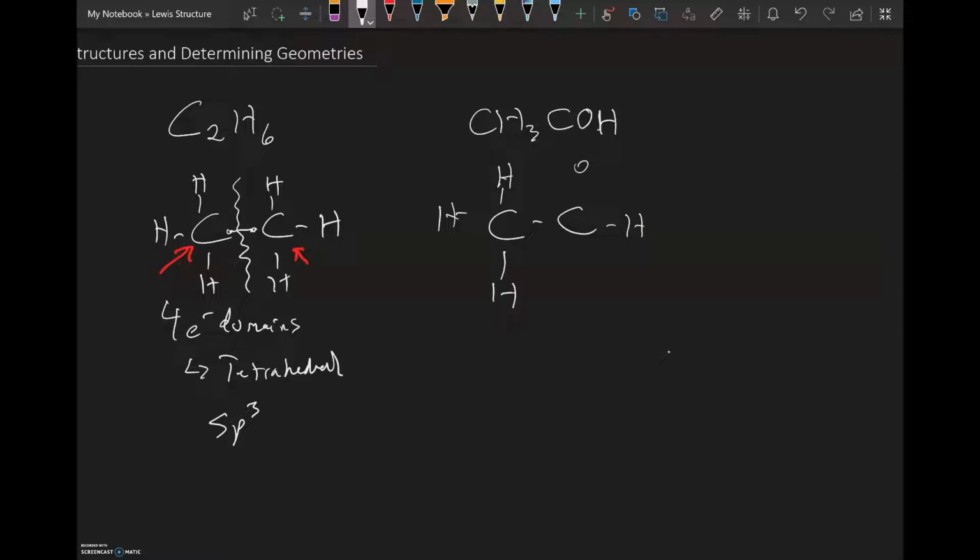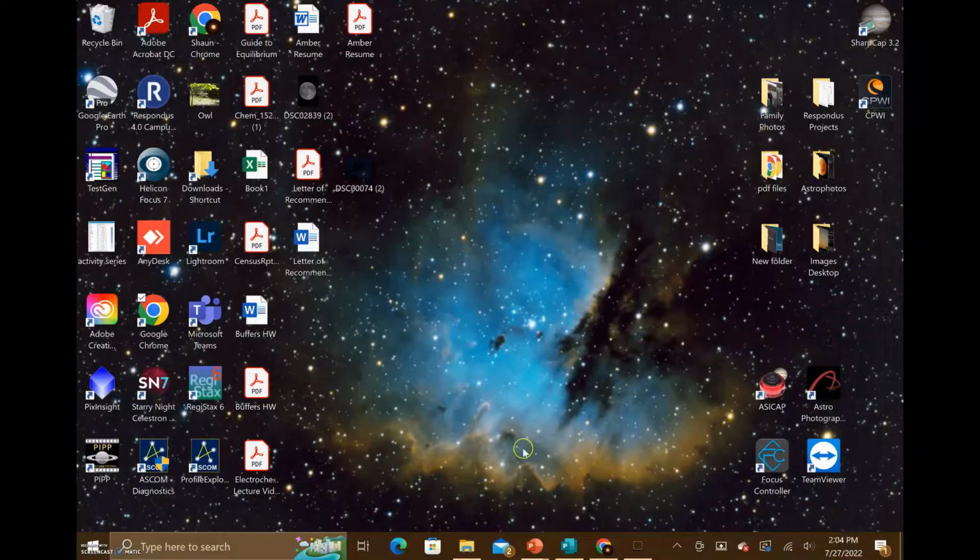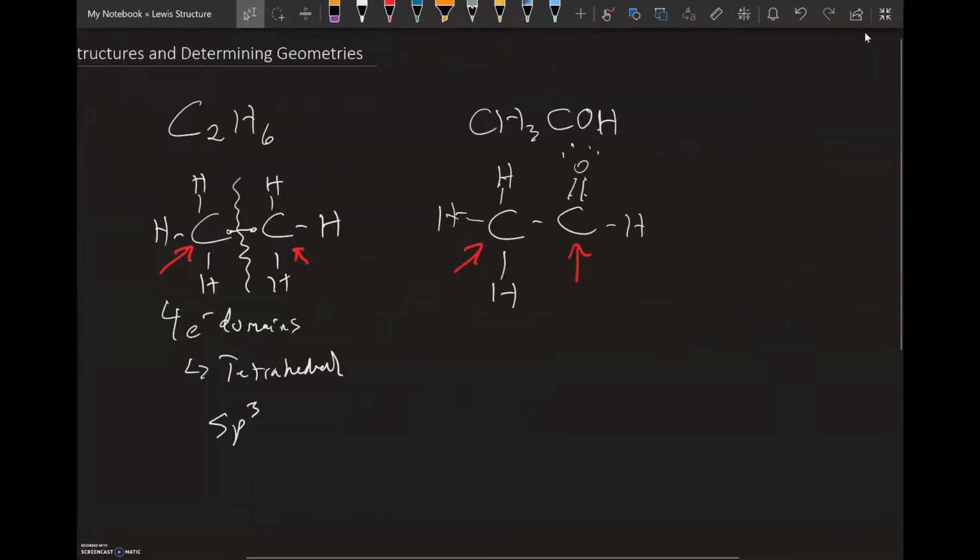The hydrogen is single bonded to the carbon, and that leaves you with 2 valence electrons on the carbon that are free, and so that's going to be bonded to the oxygen, making a double bond. So as we see in this molecule, we have 2 carbon centers.